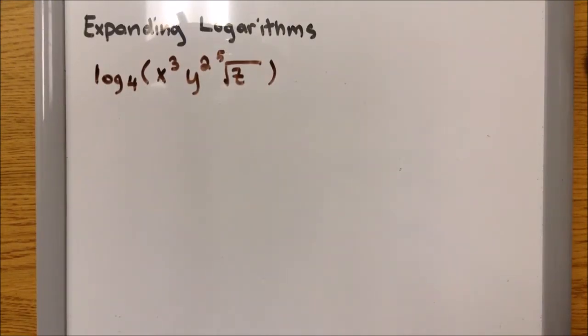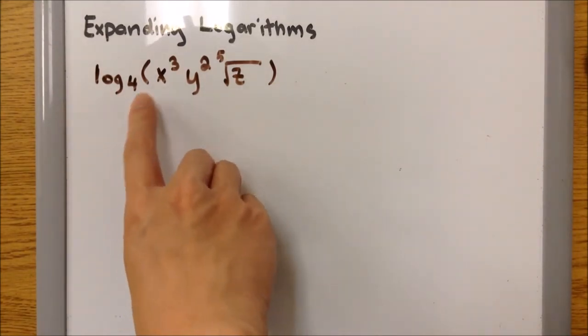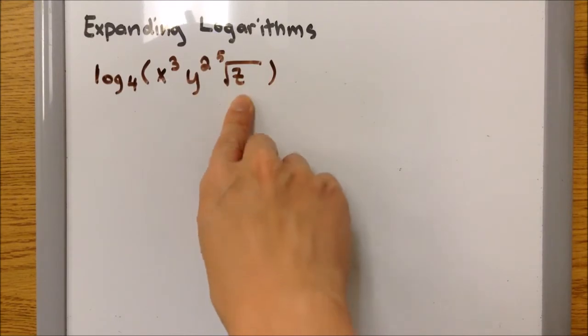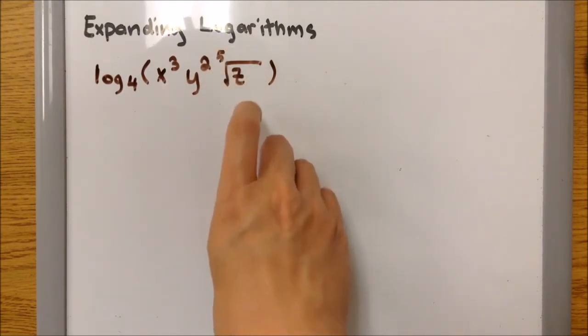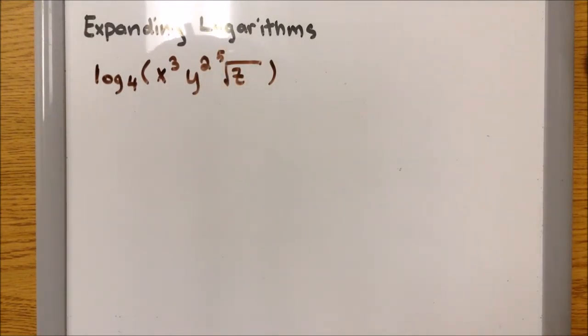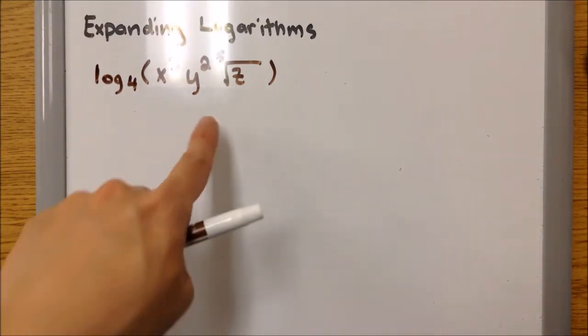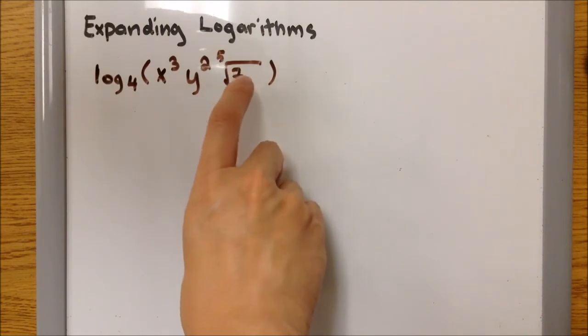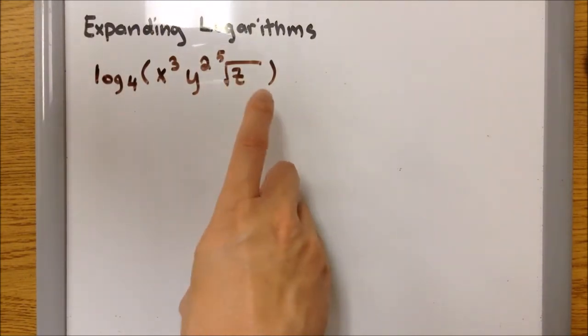So for example 3, we have log base 4 of x to the 3rd power times y to the 2nd power times the 5th root of z. So just like the last two examples, we have a radical. So what I'm going to do is convert the 5th root of z to a rational exponent.